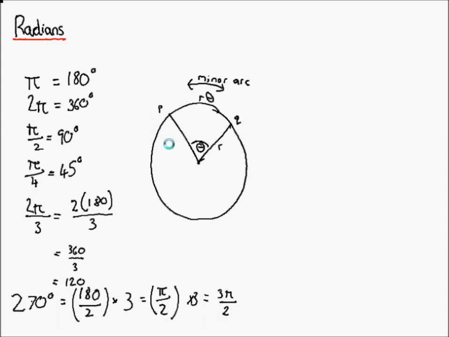And that is it. That's how you convert radians to degrees and degrees to radians.